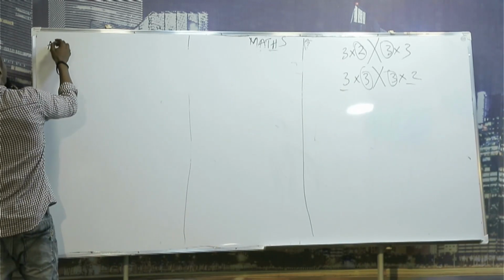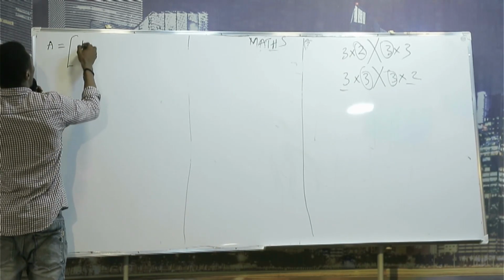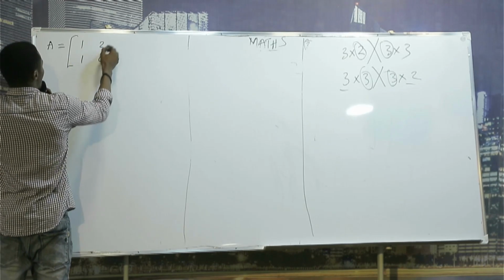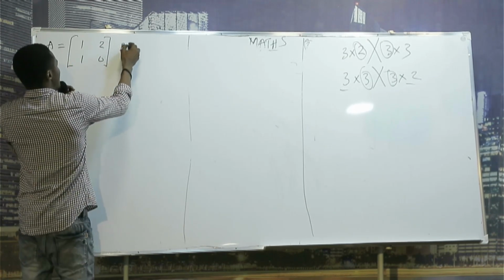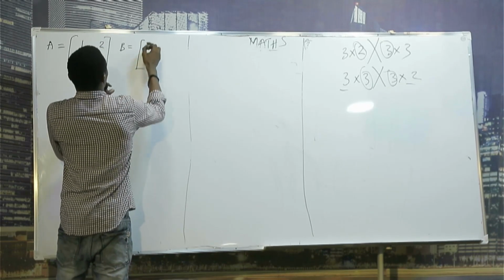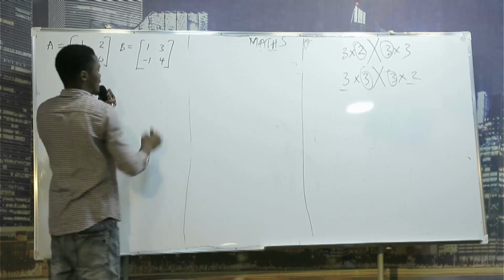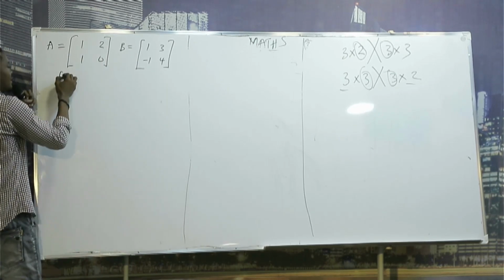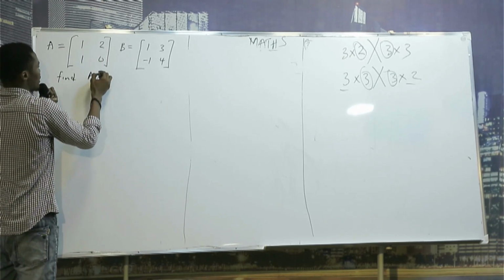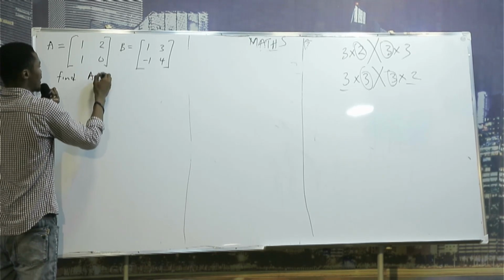Let's say we have A is equal to [1, 2; 1, 0], and B is equal to [1, 3; -1, 4]. And they said we should find AB.